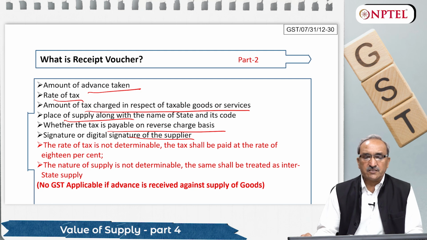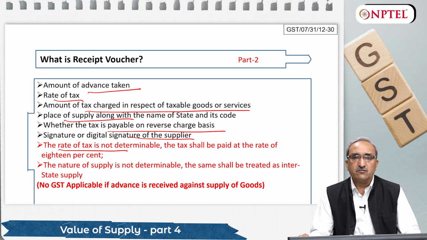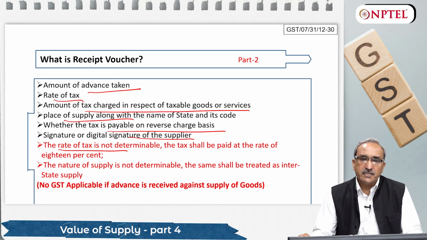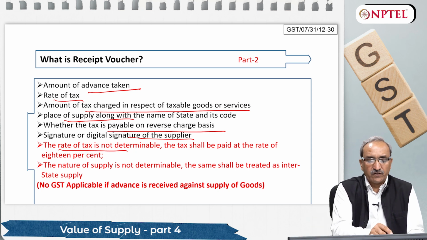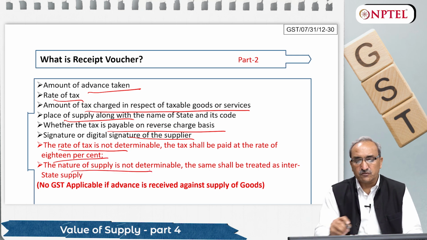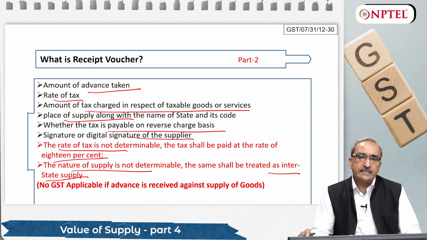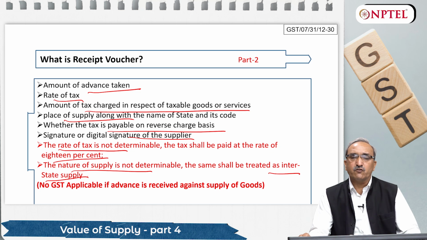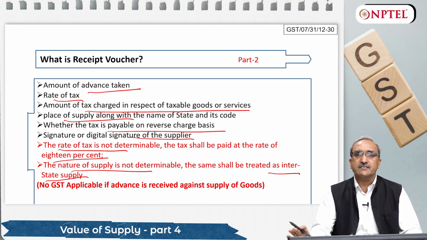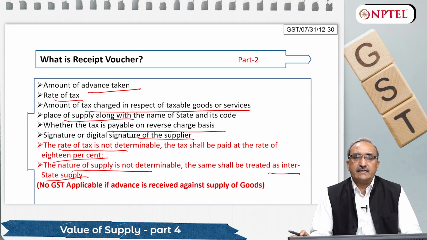And law further says, if in any business transaction the tax rate is not determined, then you need to calculate tax at the rate of 18%. And if the nature of supply is not determined, then it will be treated as an interstate sale. It happens sometimes that you have placed the order, but you are not clear whether the goods will be taken into account or at which place the goods will be delivered.